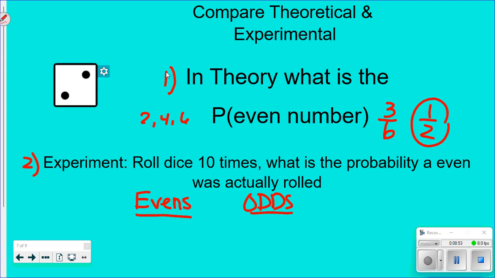So I got a 2. And then, come on. Okay, 1's an odd. Takes me forever to roll it. Okay, so there's another even. Right, so there's an odd. There's an even.